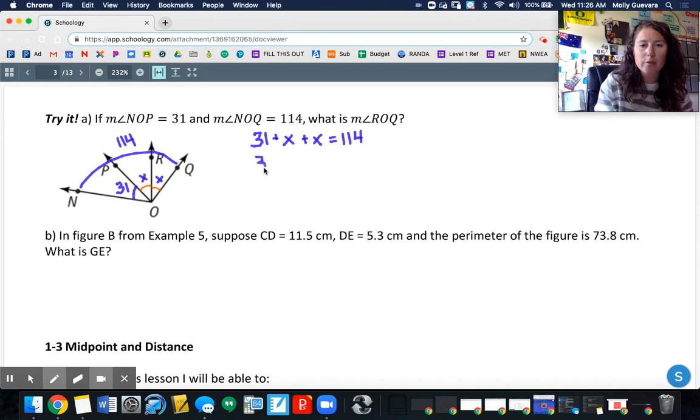So I have 31, and then X plus X is 2X, equals 114. I'm trying to get that X by itself, so I'm going to subtract 31. So if I subtract the 31 to the other side, 114 minus 31 is 83.